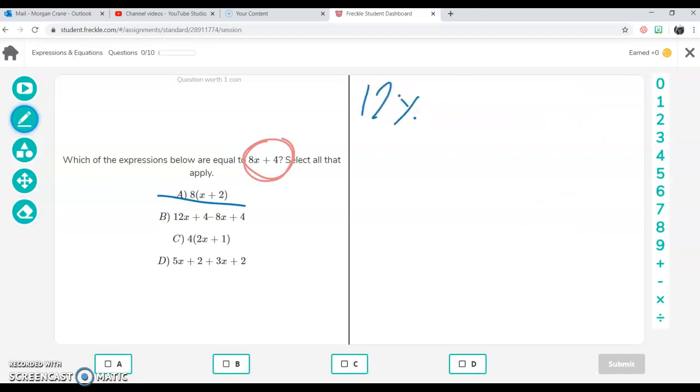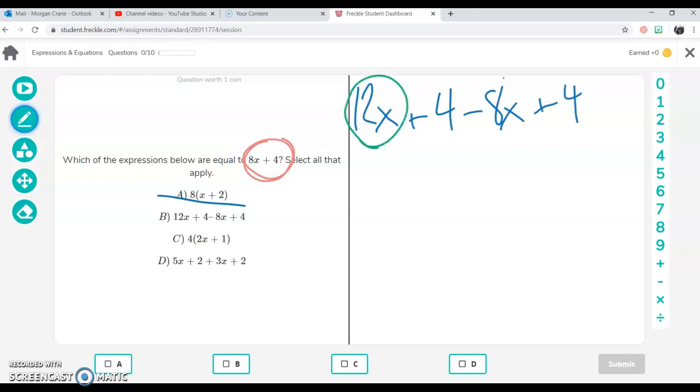12x plus 4 minus 8x plus 4. So what they're wanting to do is combine like terms. So we have 12x and a minus 8x.